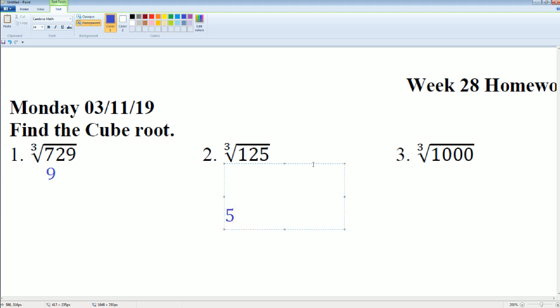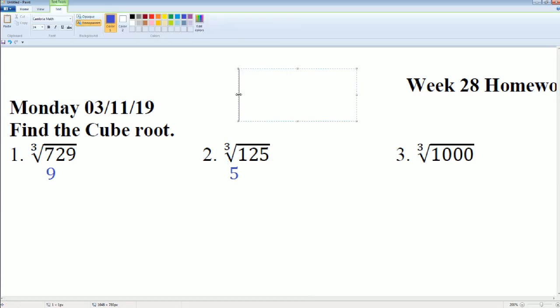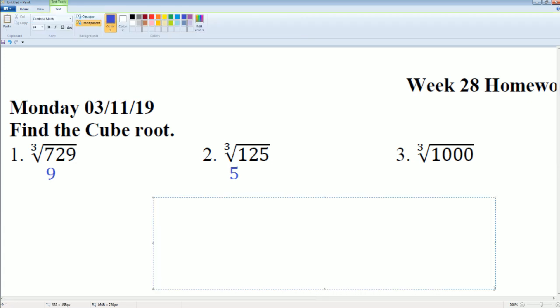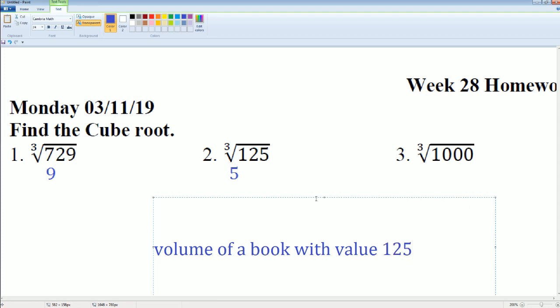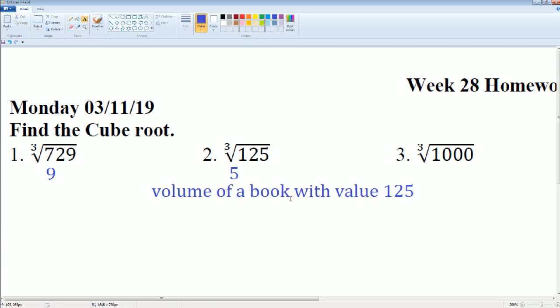And again, what does that mean? If we had a volume of a box with the value 125, that should be box, not book, sorry about that.